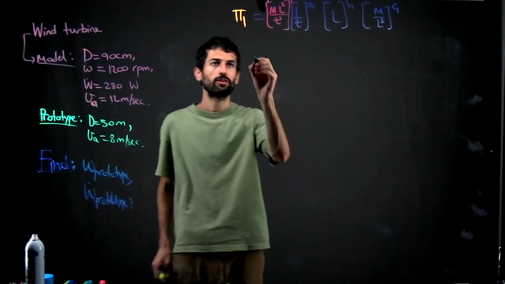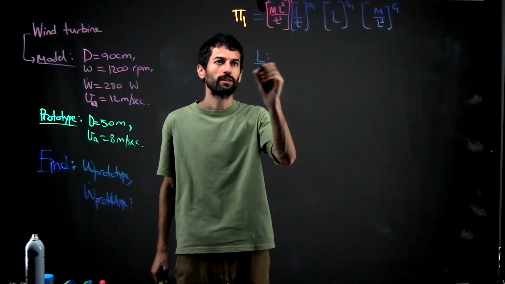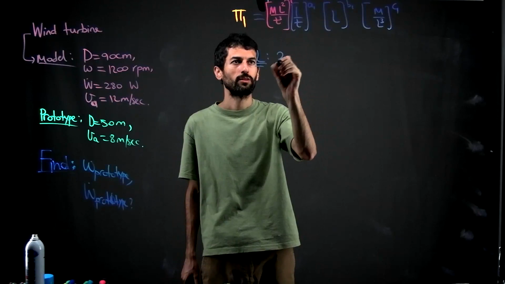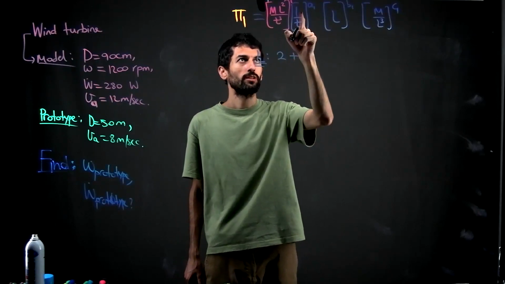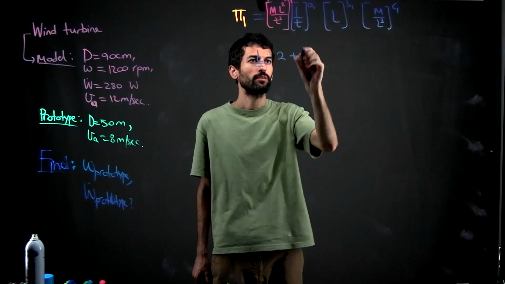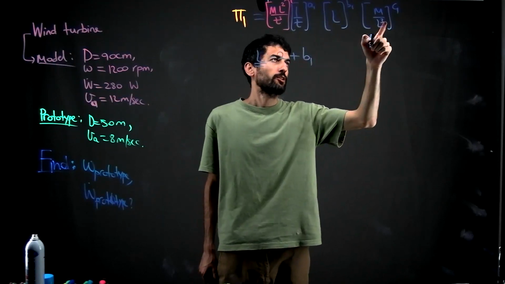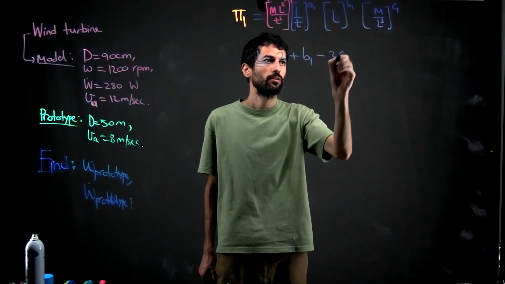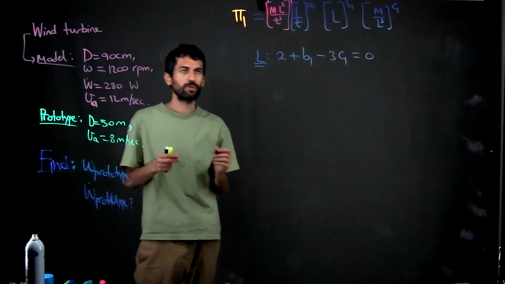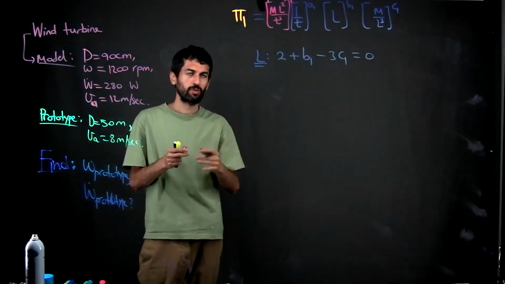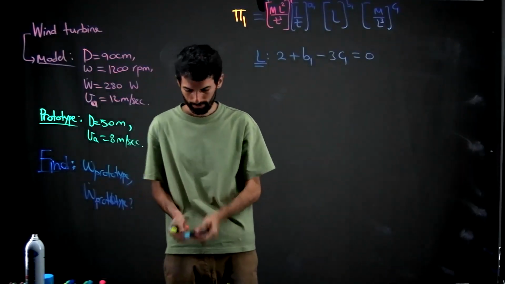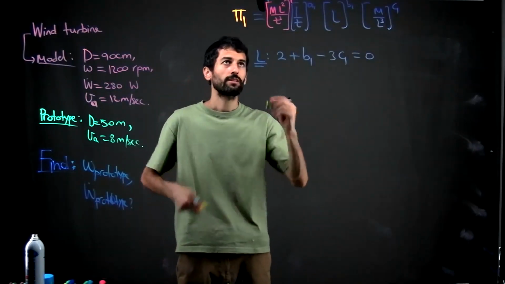So first, we will write the equation for the length. Means that 2 times 1 plus, there is no length here, so length is here, 1 into b1, and then negative 3 into c1. This one should be equal to 0 because it has to be non-dimensional. So length should cancel out from the equation. Second one is the time.